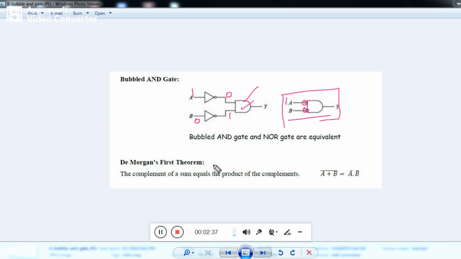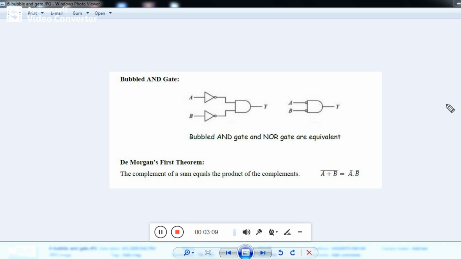Now, what is De Morgan's theorem? How is it related to the bubbled AND gate? We have to see this. First let me draw the truth table for this circuit diagram.